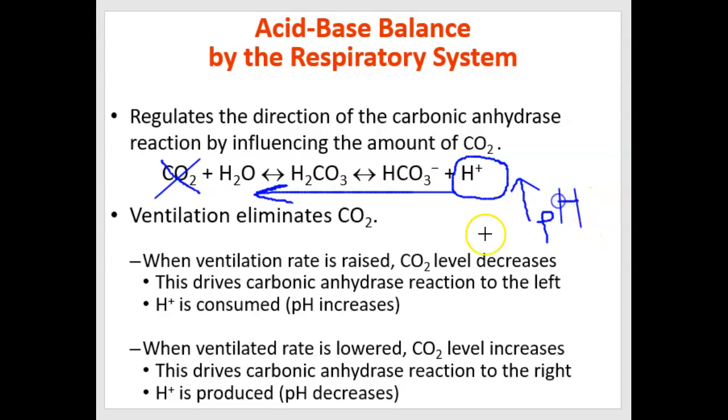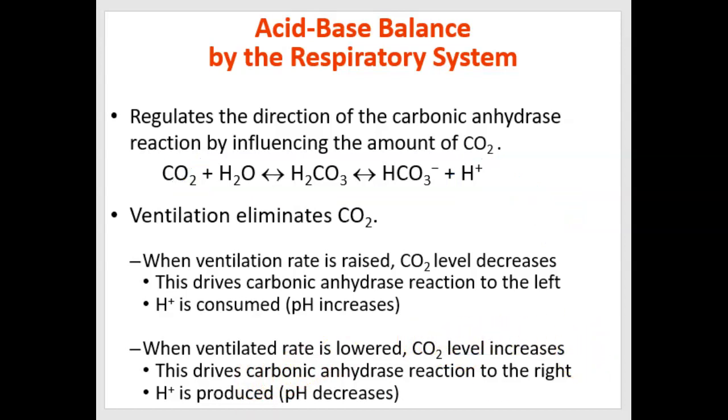If instead the ventilation rate decreases, you breathe slower, your CO2 level increases as long as you're still producing the same amount. Our ventilation decreases when we sleep, but we're not producing as much CO2. So we're talking about impaired ventilation here. The CO2 level would increase.